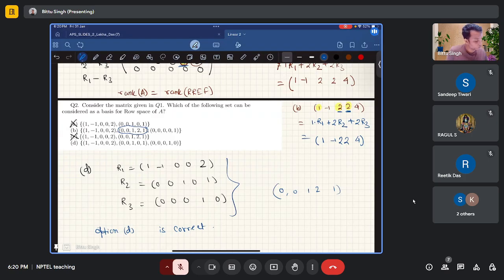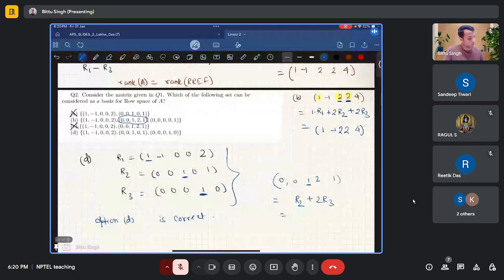Because if it is true, then comparing those leading entries, you can see that it should be the same as R2, and here it is 1, so it is 2 times R3. But is it true?